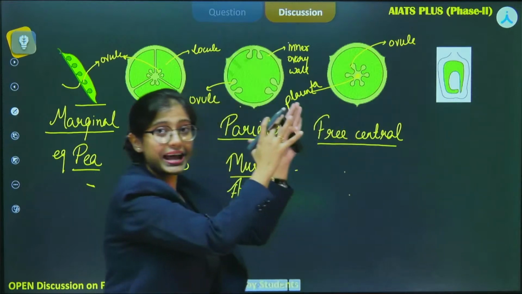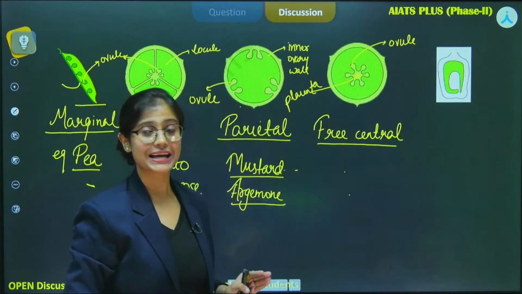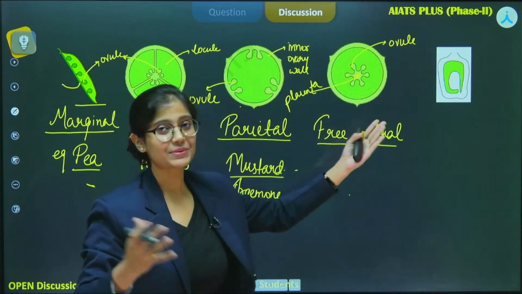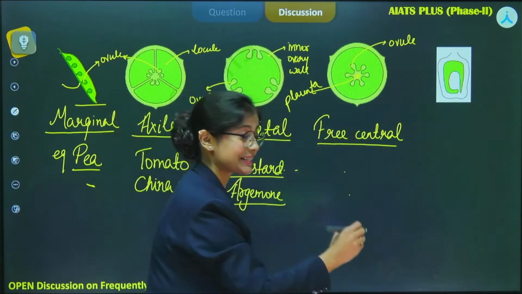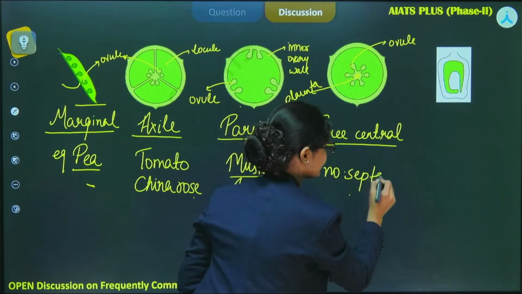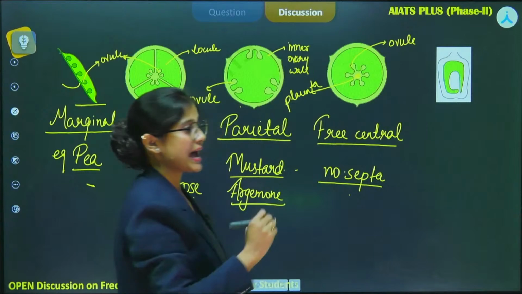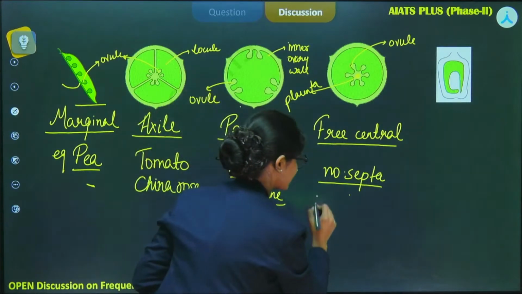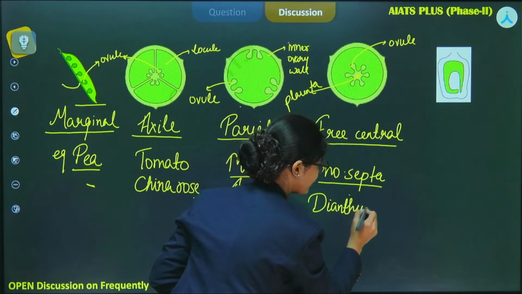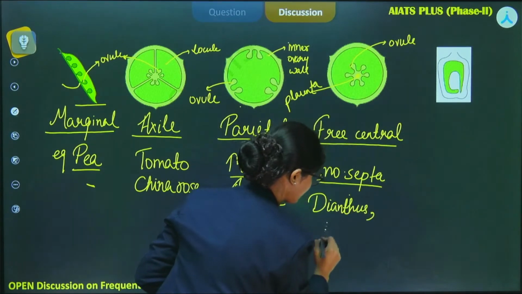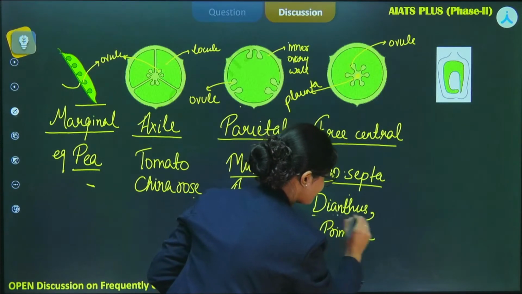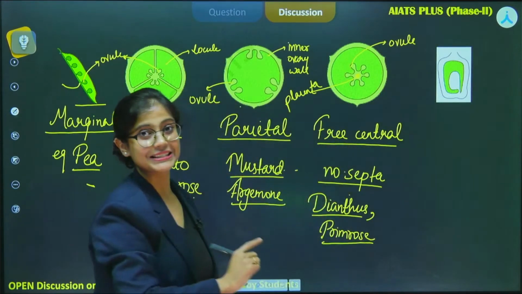It is present at the center, as you can see in the diagram, and no septa is observed. Where will septa form? There is no space. So in this, no septa is observed. And its examples are Dianthus and primrose. Be particular about examples.